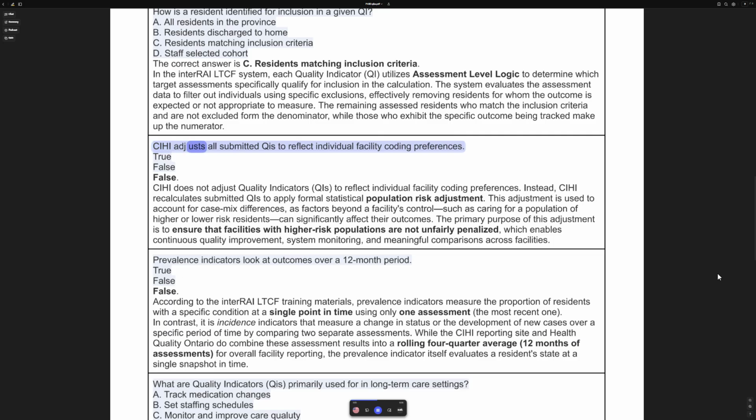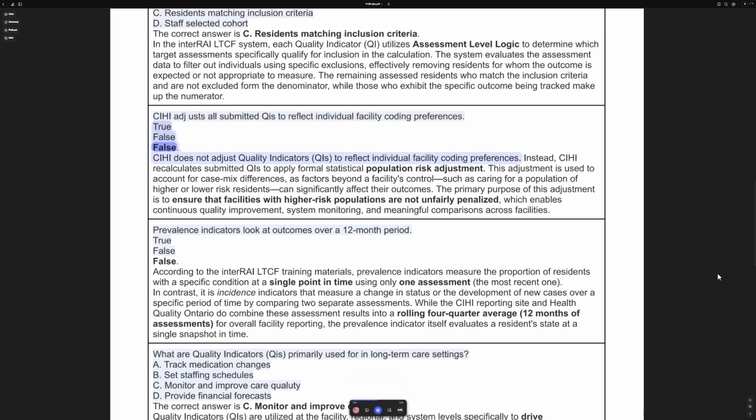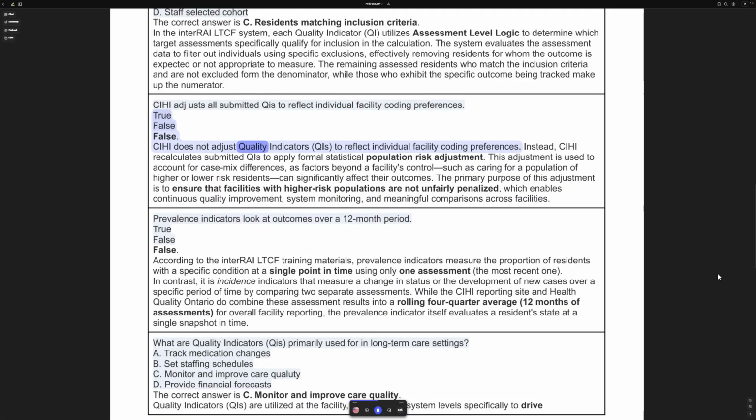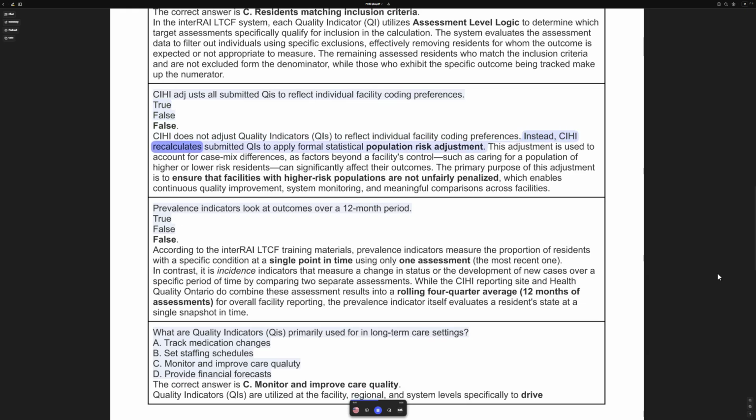CIHI adjusts all submitted QIs to reflect individual facility coding preferences. True or false? False. CIHI does not adjust quality indicators, QIs, to reflect individual facility coding preferences. Instead, CIHI recalculates submitted QIs to apply formal statistical population risk adjustment.